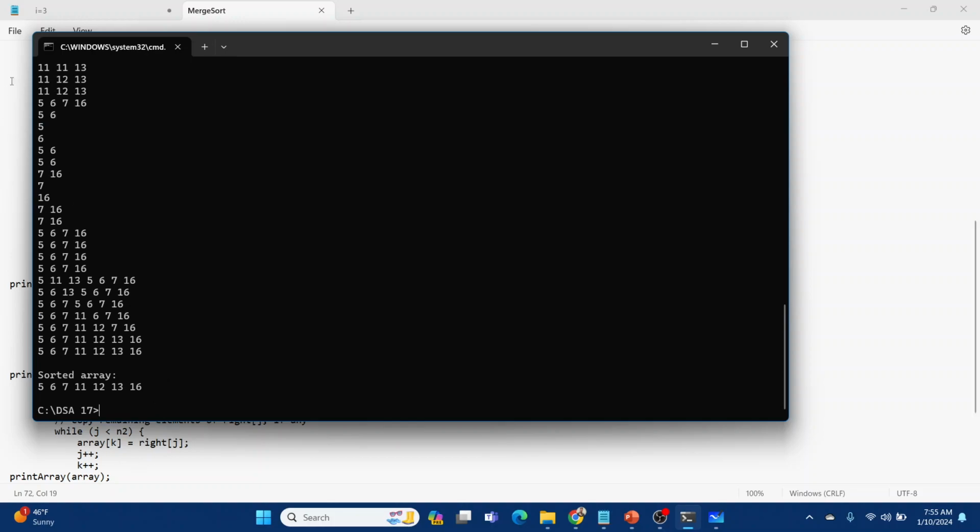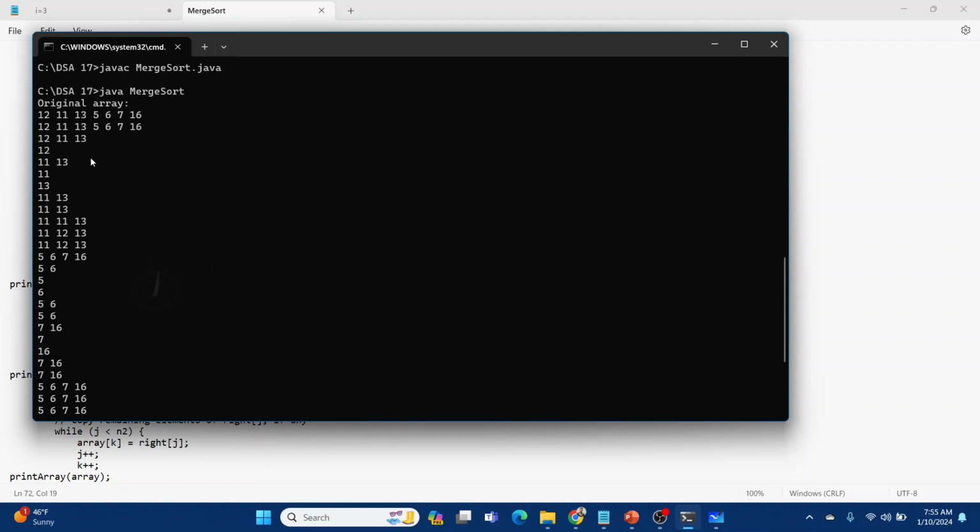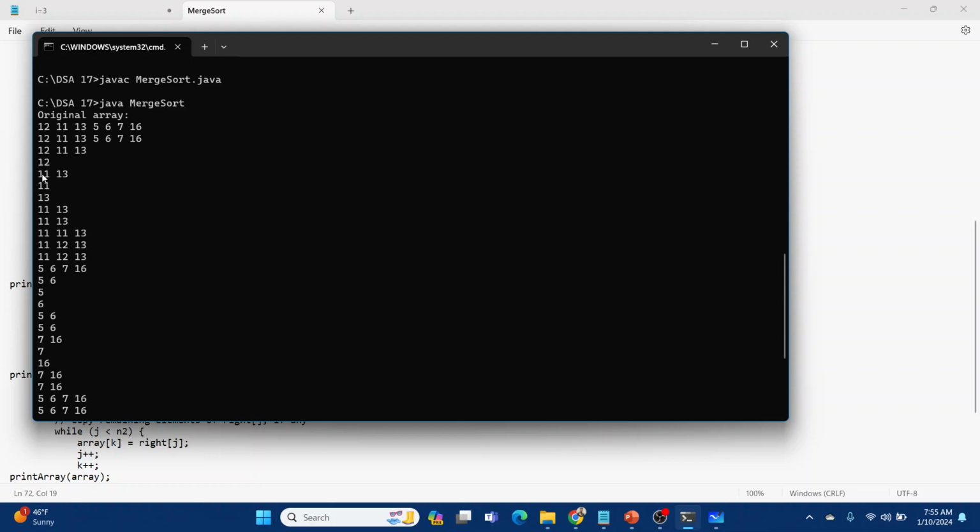Till that part we were dividing. Now we are starting merging, so 5, 6, 7, 16. So 7, 16 was merged, then 5, 6 was merged over here. Over till this part, 12, 11, 13.